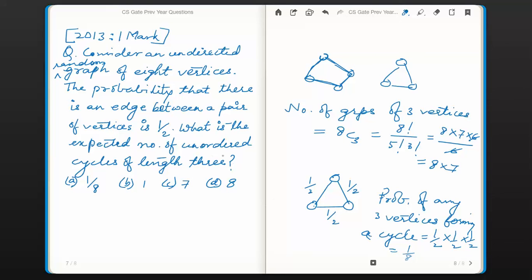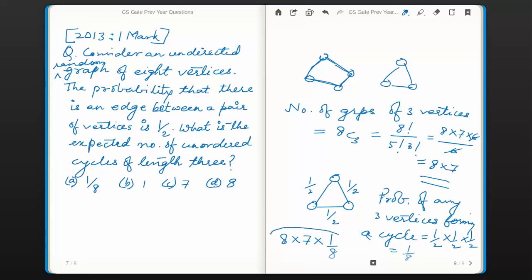Now to calculate the expected number of unordered cycles of length 3, what we need to do is multiply these two numbers that we have got. So we have got the number of groups of 3 vertices, that is 8 into 7, and we have also got that given a group of 3 vertices, the probability of it forming a cycle is 1 by 8, right?